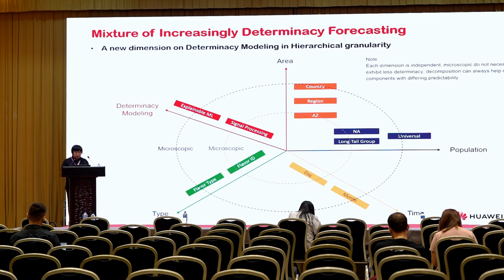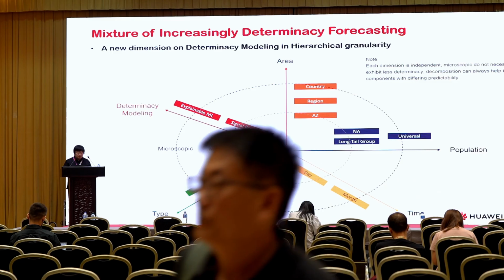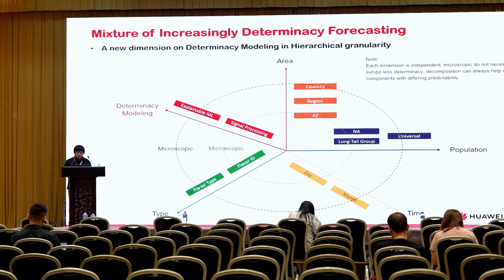In addition to considering macroscopic versus microscopic granularity across target time series data, such as geography, category, population, and time, we further distinguish models by their applicability: interpretable models tailored to microscopic determinism and purely data-driven models designed for microscopic stochastic fluctuations.